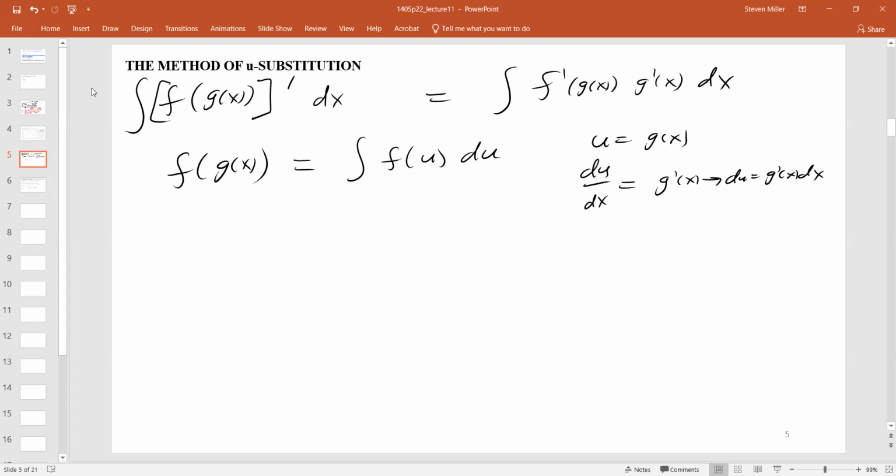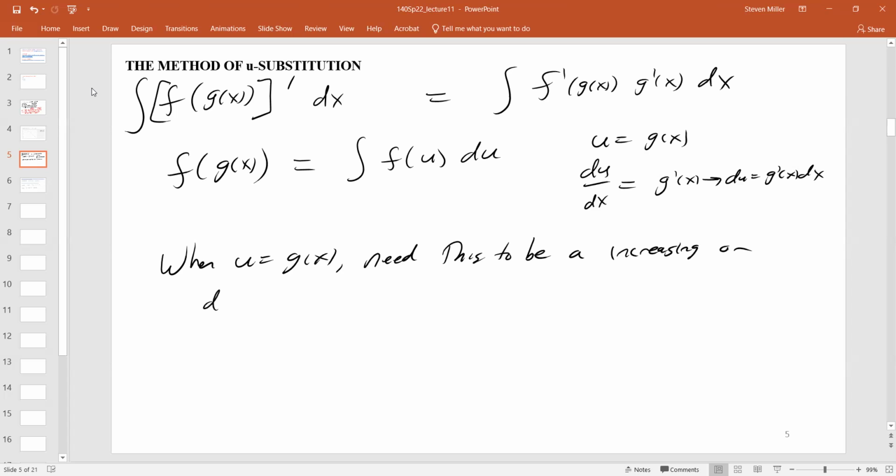We have to be a little bit careful about the range of integration. It's important that when u equals g of x, we need this to be an increasing or decreasing function.